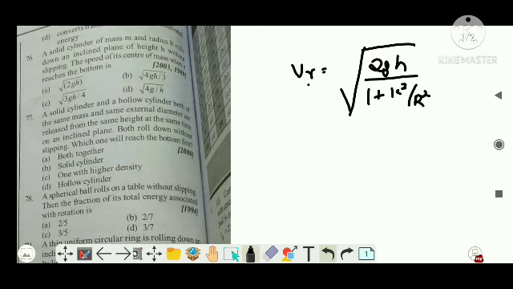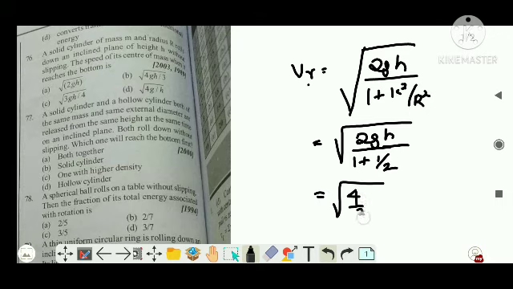Now you can go for the lengthier calculation, or you can just use the k squared by r squared value. In the case of a solid cylinder, it is 1 by 2. So you can just substitute the value: 2gh divided by 1 plus 1 by 2, that is 3 by 2, so it is 4 by 3 gh under the root.